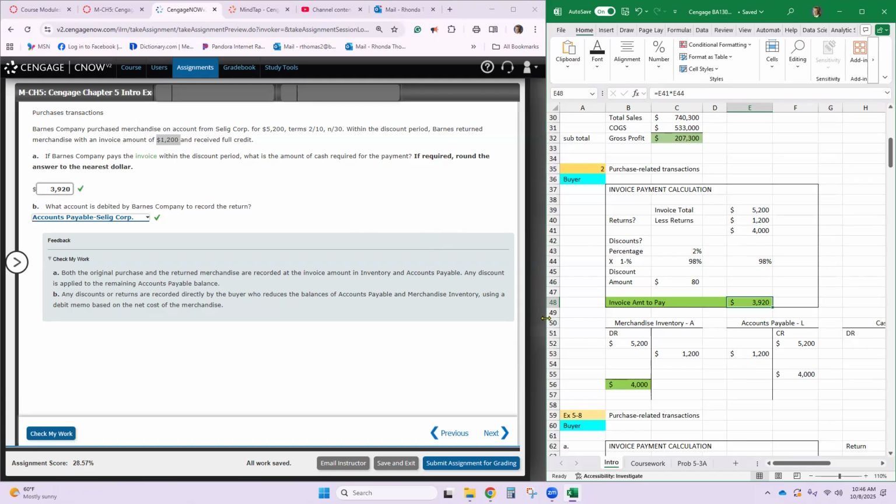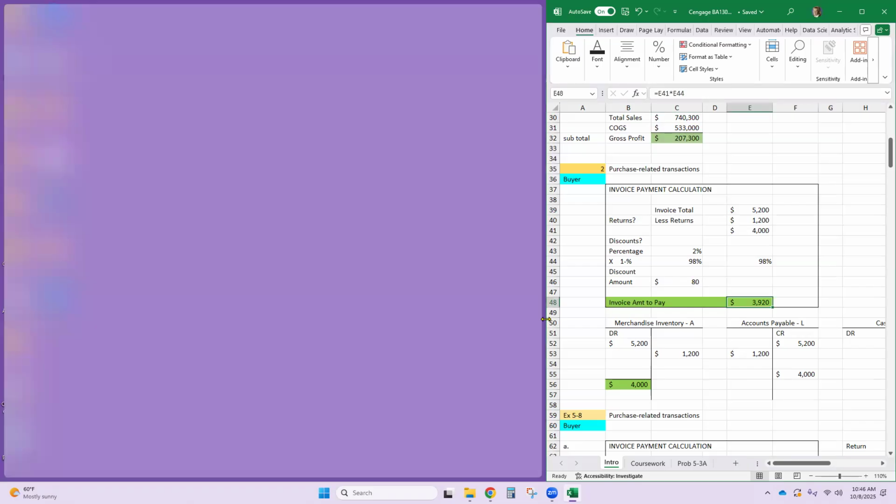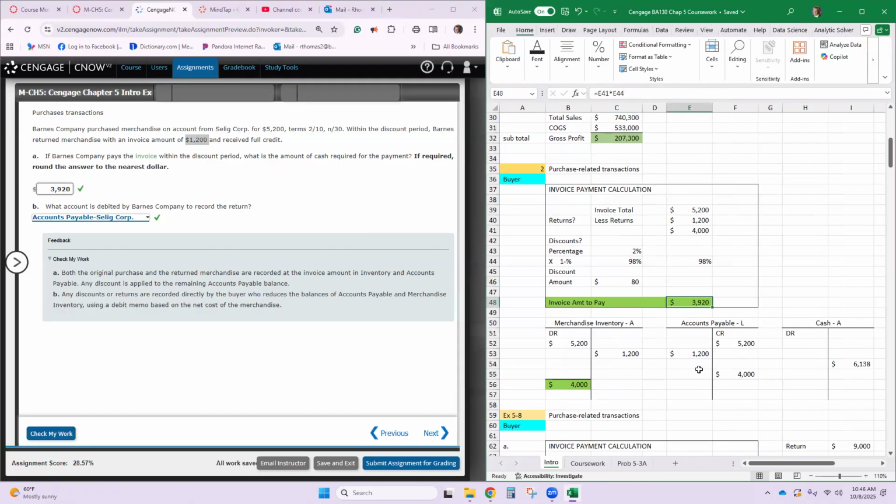But I would also now like to show you from a T account point of view how this is going to work. So let's start off with buying the merchandise. We're the buyer, so it goes in merchandise inventory. We bought it on account, right?